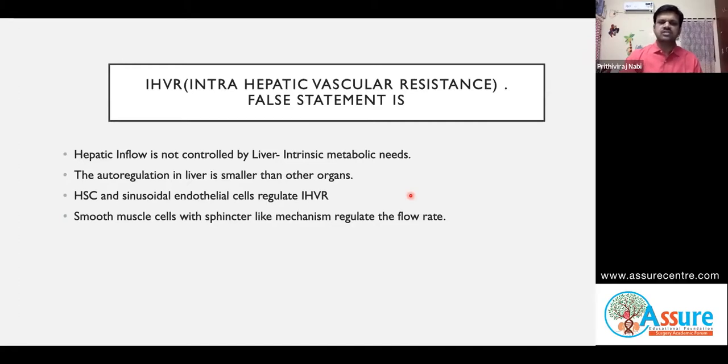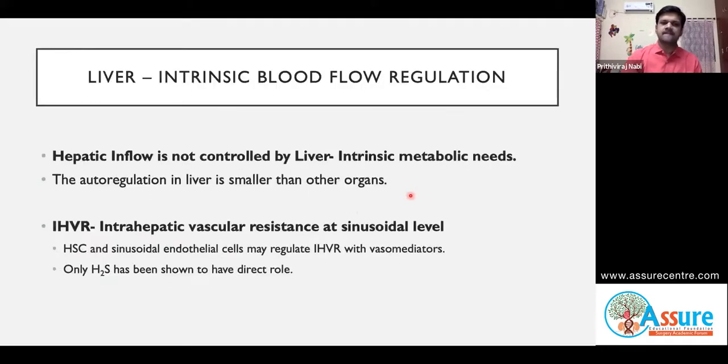If you can guess, make a guess; I'll explain it now. And the other point is only hydrogen sulfide has been shown to have a direct role. Find out the false statement. There are questions with words like 'only', which will make you think this might be the false statement. But let's find out which one is false.